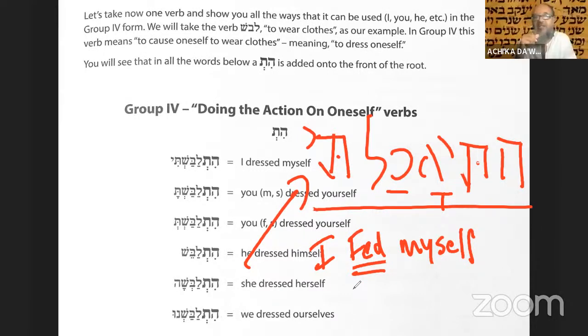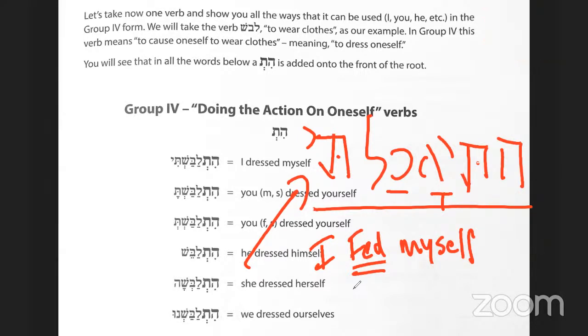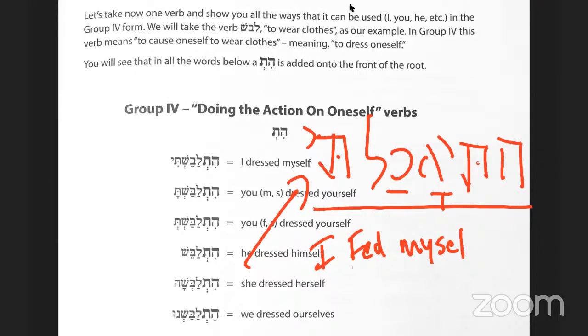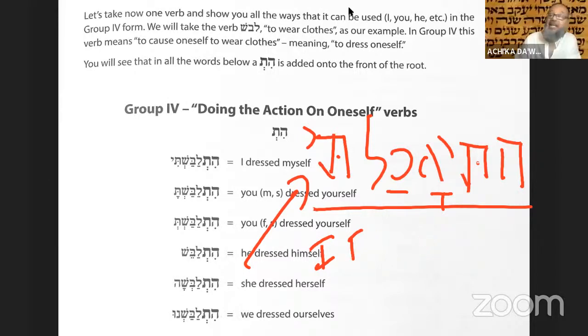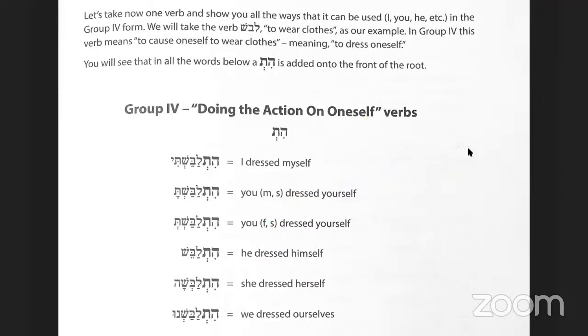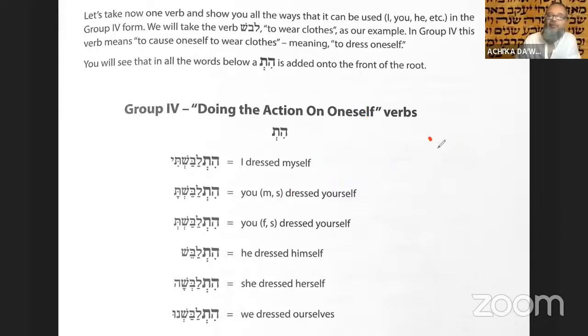If I cause myself to see something, I showed myself. If I cause myself to remember, I reminded myself. You got that? Zakar means to remember.